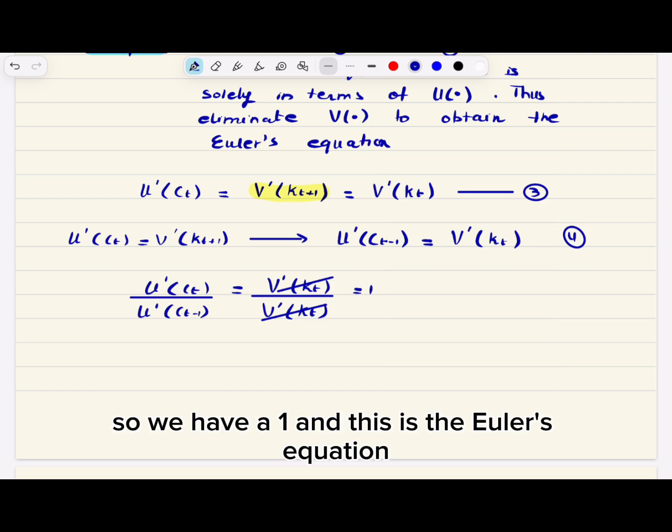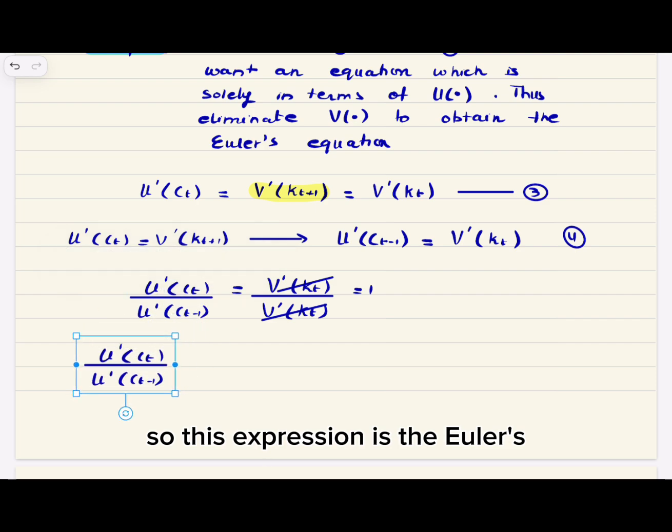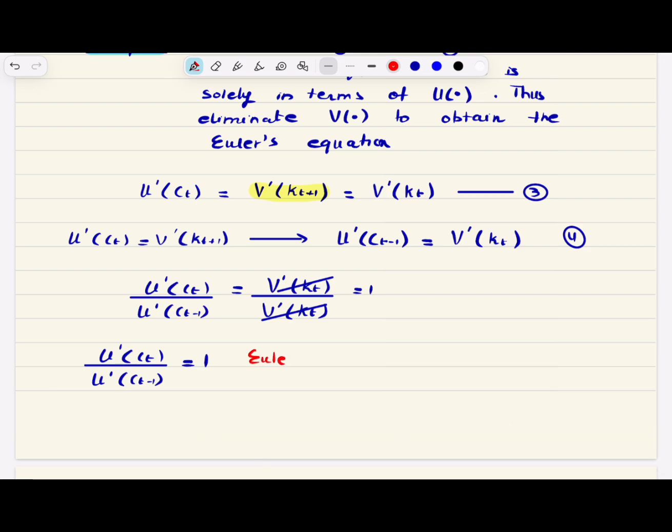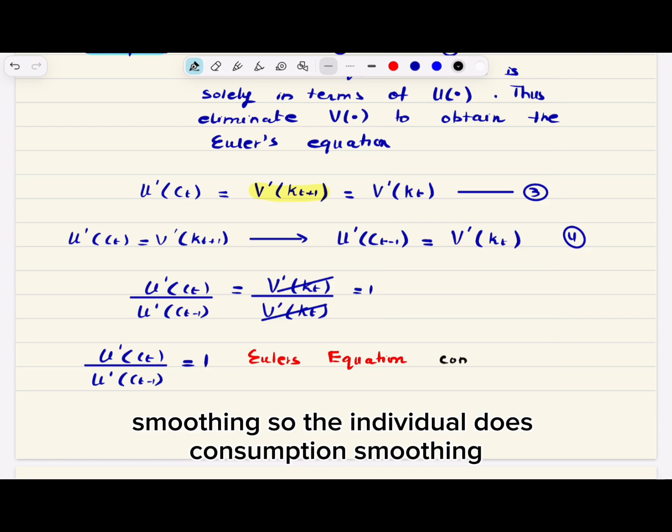And this is the Euler's equation. So this expression is the Euler's equation. And it basically tells us that the individual tends to do consumption smoothing. So the individual does consumption smoothing.